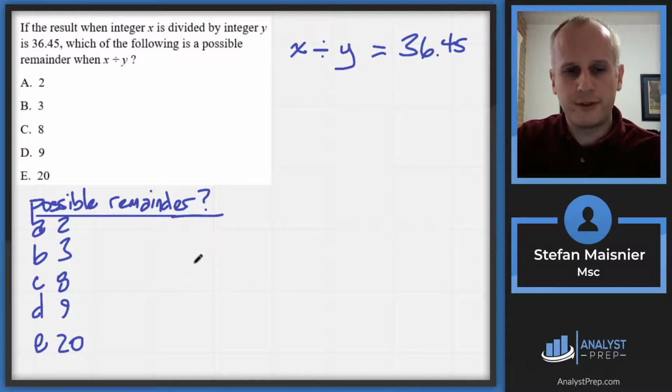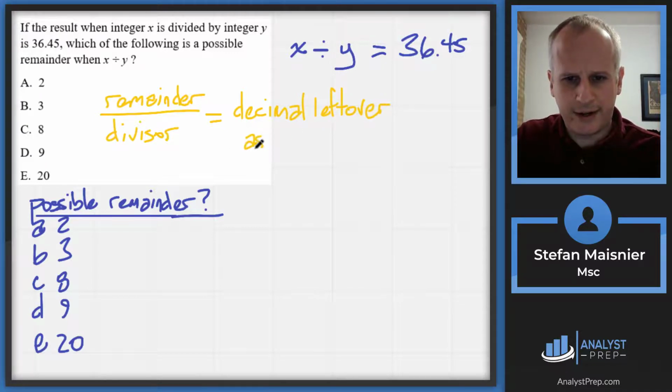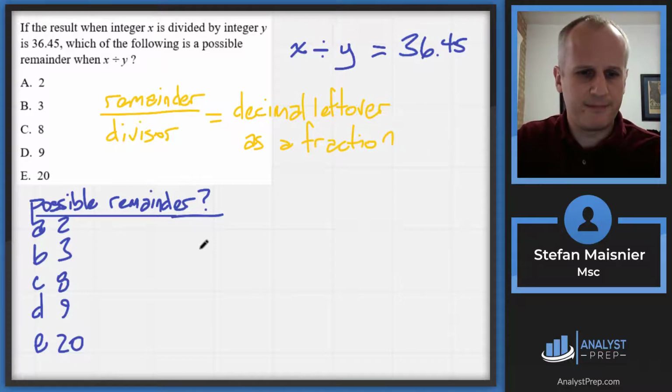So first, we've got to remember that our remainder over the divisor is equal to that decimal leftover as a fraction. So we've got to write that 0.45 as a fraction.